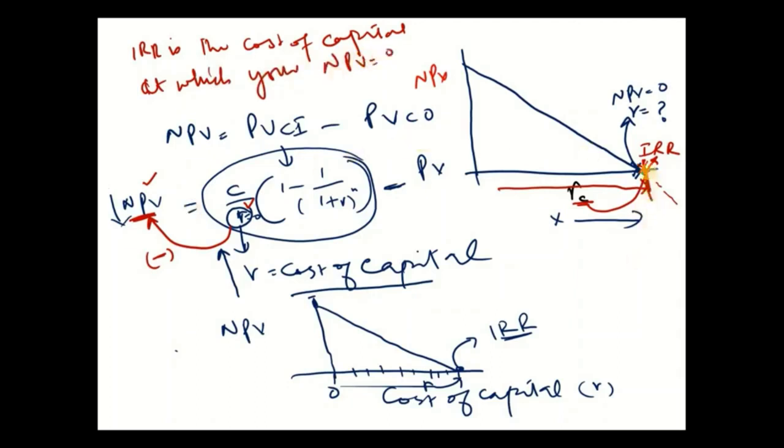Let's assume your IRR is 20%. At 20% you are not earning anything because NPV is equal to 0. So if the market is offering you 25% rate, would you accept it?